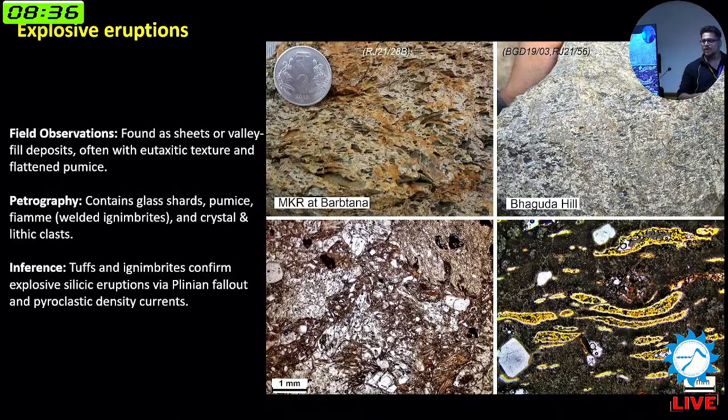Now the area also records an impressive history of explosive silicic eruption in the form of low to medium grade crystal-rich ignimbrites, which can be seen over here, where we can see eutaxitic texture that is very nicely preserved.